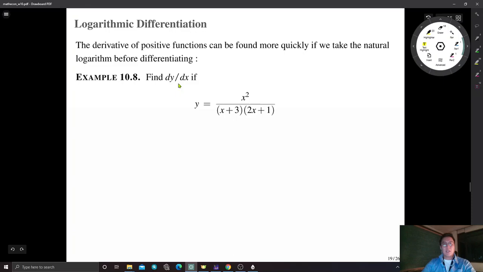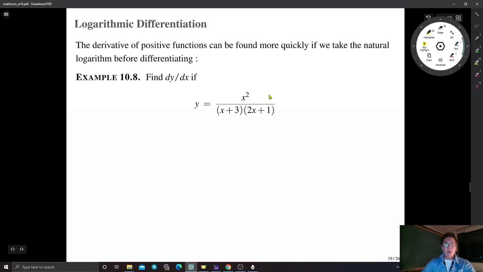In order to find dy over dx, the derivative of this function, we have to use several rules, because this is a division, so we have to start with the quotient rule, and the bottom is given by a product of two functions, so we may have to use the product rule as well. But instead there is a leeway to finding the derivative, that is, we start with taking the natural logarithm before differentiating.